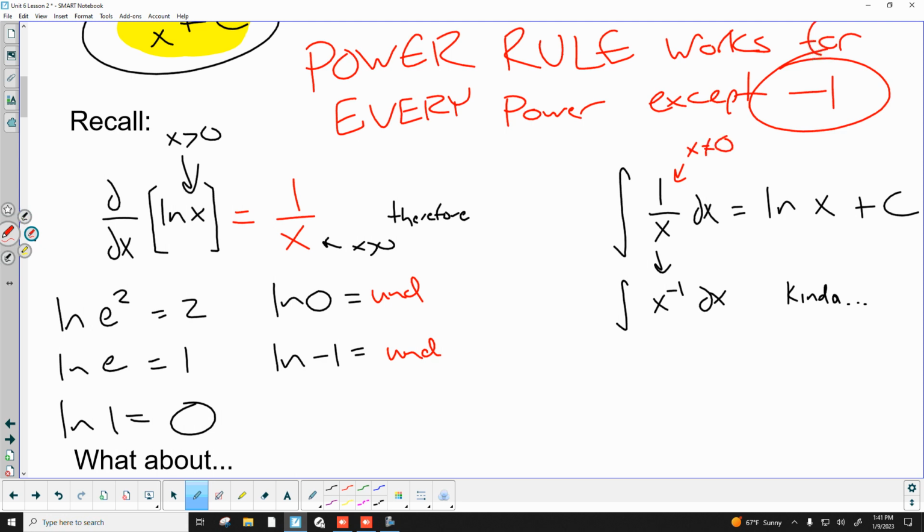Which means I want to plug in any value I want into this log function, including negatives. So the one thing we have to change, the one thing that makes this kind of right, is that we need an absolute value so that you could plug in negatives.